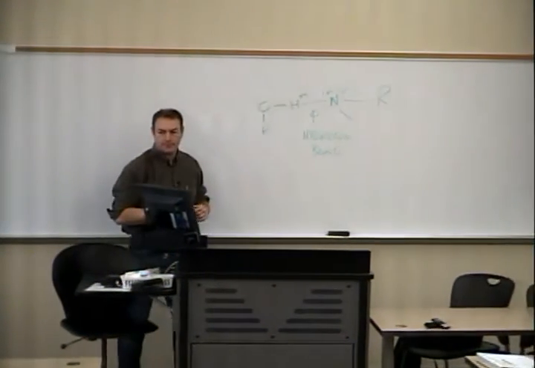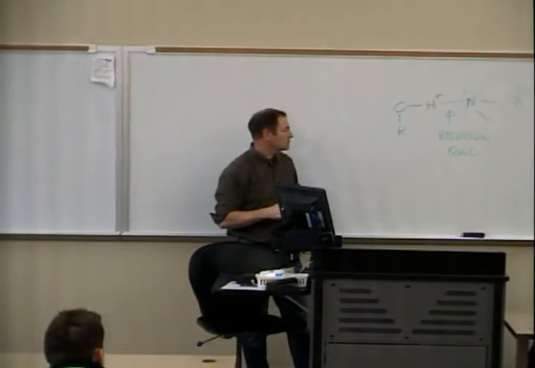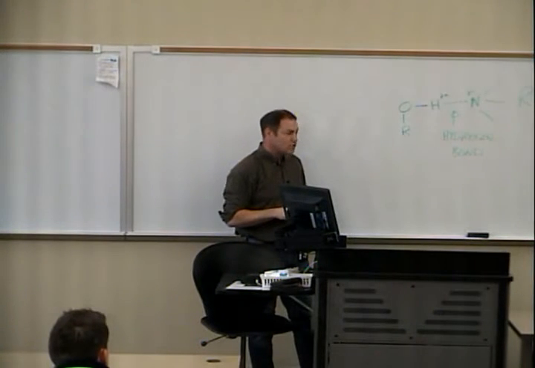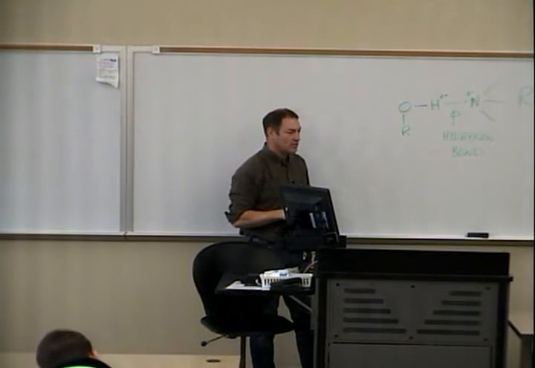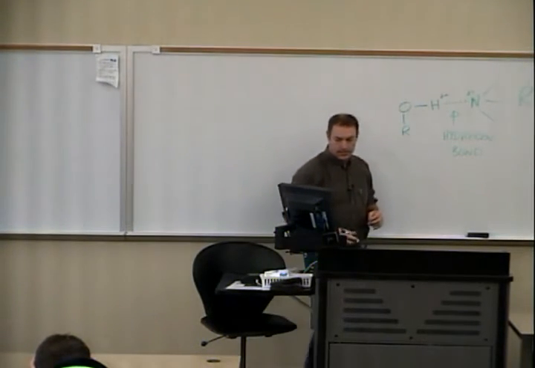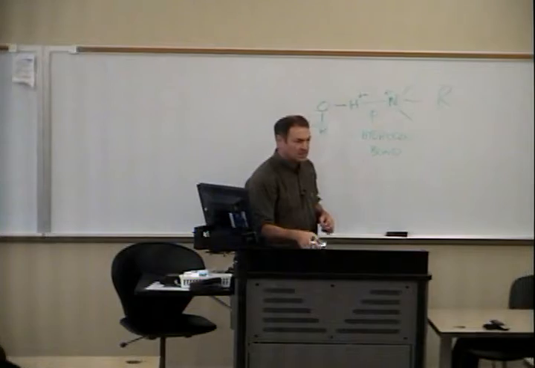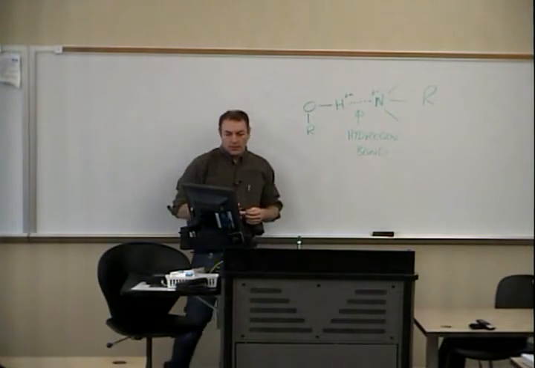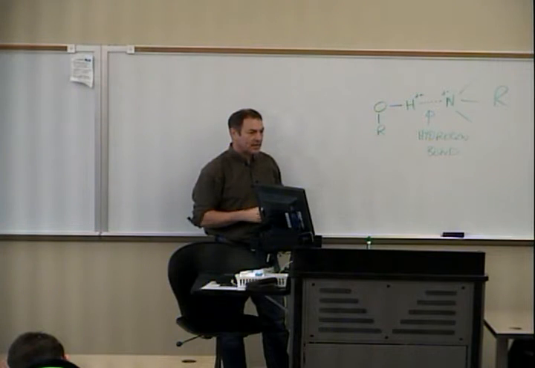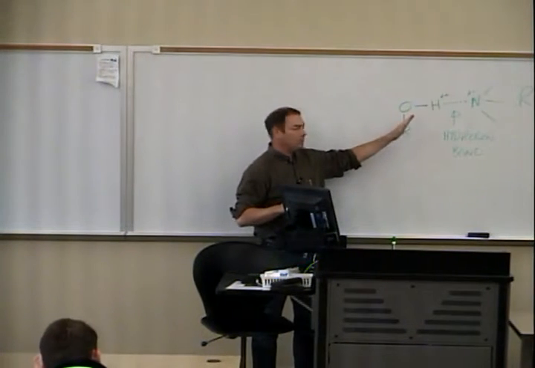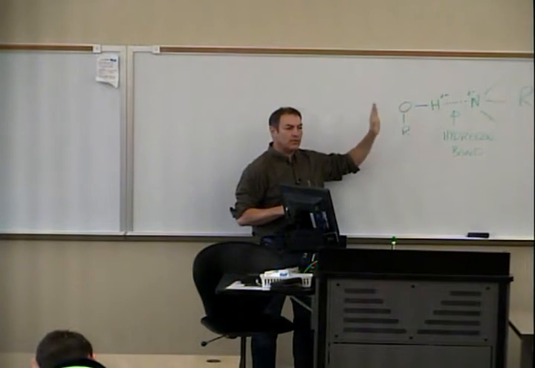And that's why you do it with a dashed line. Because it's not a covalent bond. Right, it's just showing there's a charge attraction. Everybody okay with that so far? Again, I'm going to elaborate on that, but it's really important you understand hydrogen bonding. I'm going to be talking about it an awful lot throughout the semester.